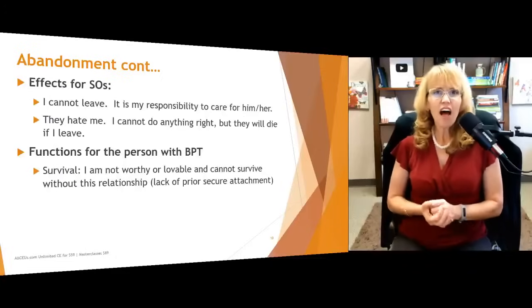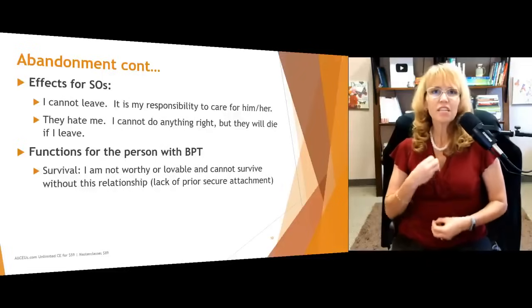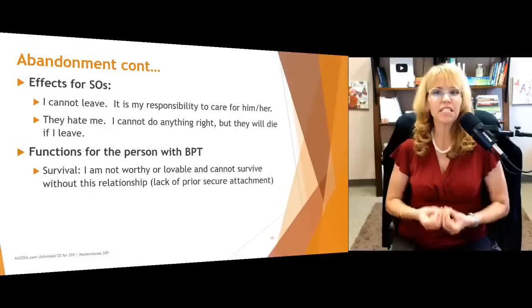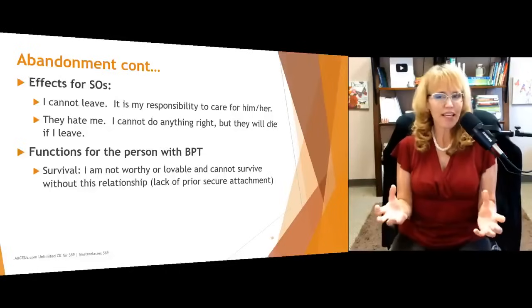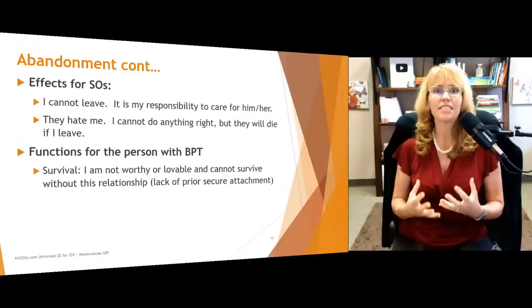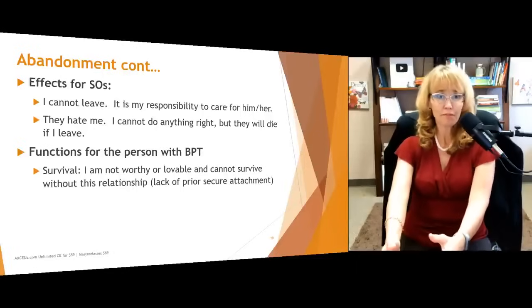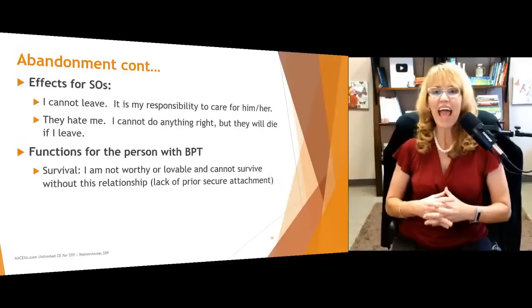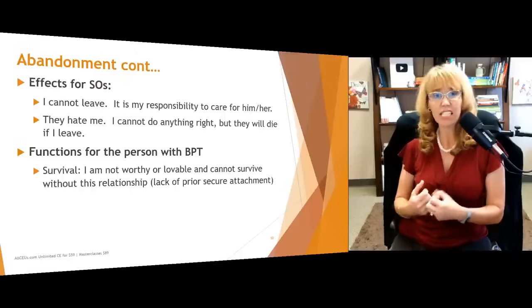For significant others that are in a relationship with someone with BPD, they start to develop this feeling, I can't leave. It's my responsibility to take care of them. Or they hate me and I can't do anything right, but they'll die if I leave. So we have children that grow up in households with borderline personality issues, and they develop these thoughts themselves.